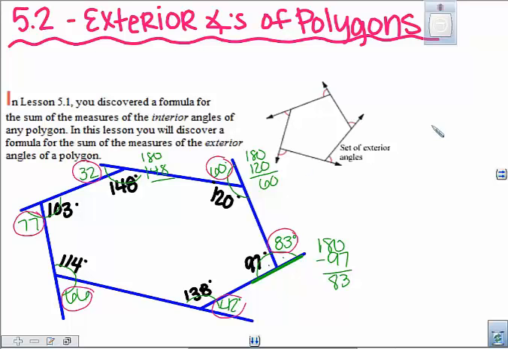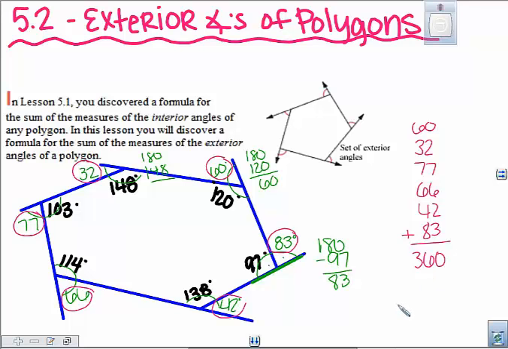If we go and add these up, add up all the exterior angles of your polygon, and again, mine's a hexagon, but you could do this with any polygon. No matter how many sides your polygon has, when you add up the exterior angles, it's always going to be the same total, and when we add this up, it totals 360 degrees.